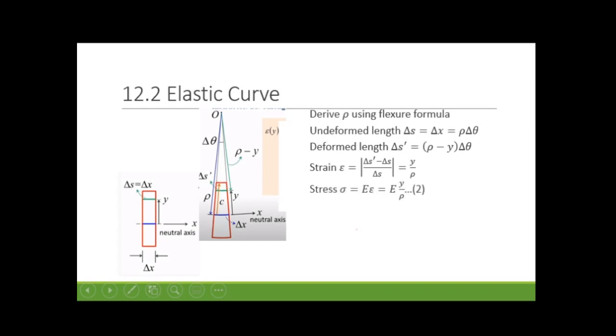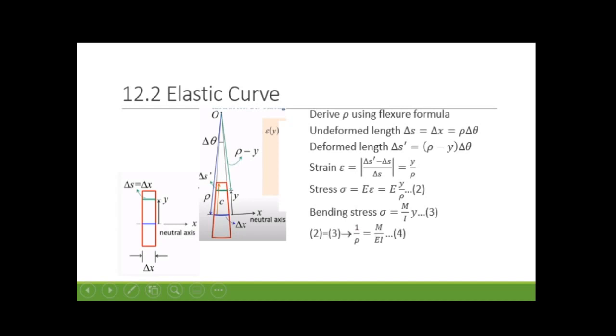So also we know the stress is equal to the modulus of elasticity times epsilon. Therefore, stress is equal to E times y divided by rho. So for bending stress, you remember from chapter 4, sigma is equal to M divided by I times y. So equation 2 and 3 should be equal.